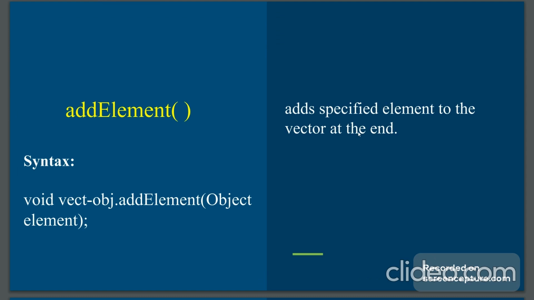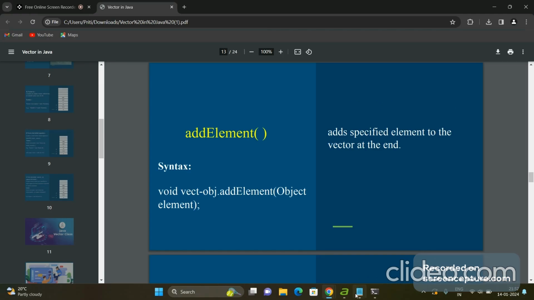It will be added in the vector at the last position or at the end. Syntax is, as it does not return anything, the data type is void. All these methods are of vector class. That's why we have to call that by using vector object and in bracket mention the object. We will see this in the code.